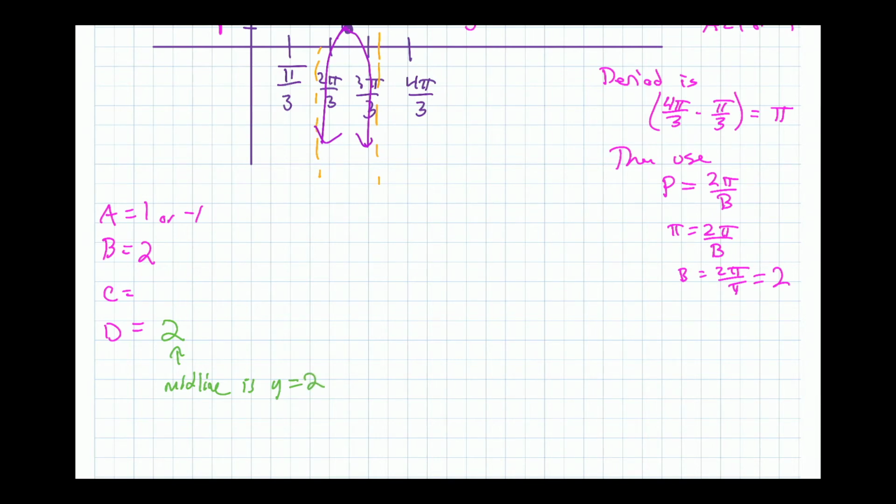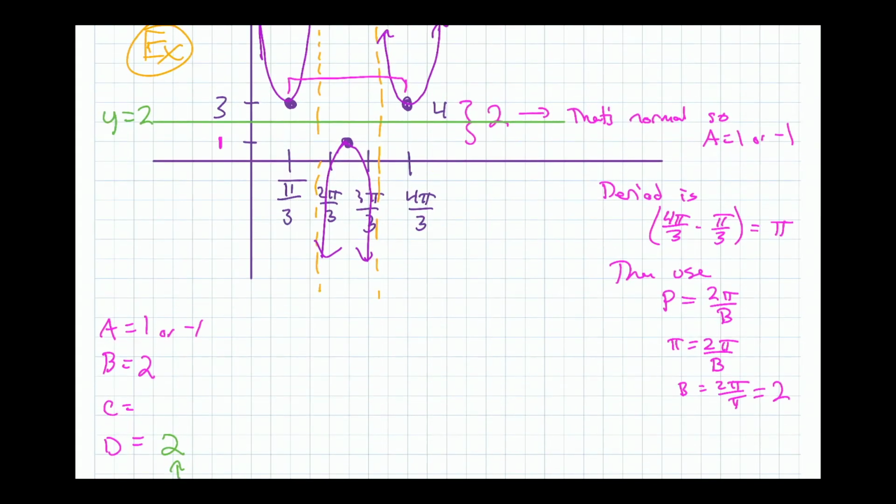So again, just like last time, the only thing that's going to be hard is going to be coming up with the c. Now, we can draw part of a sine or a cosine in here. I mean, whichever it is. I'm going to draw it. And we're going to have to get something from this graph here.